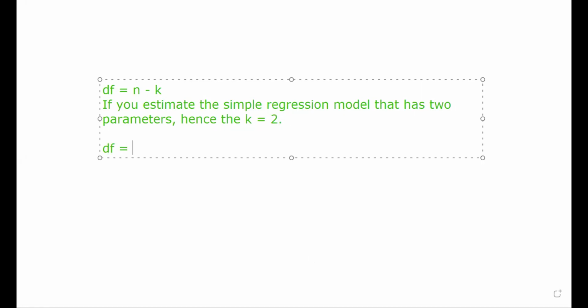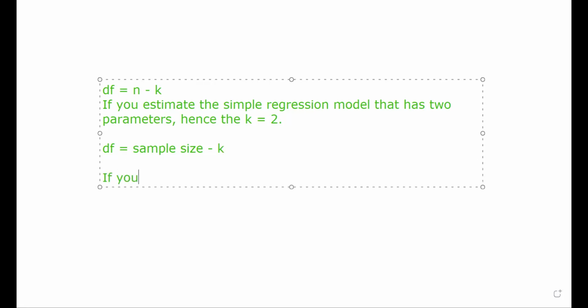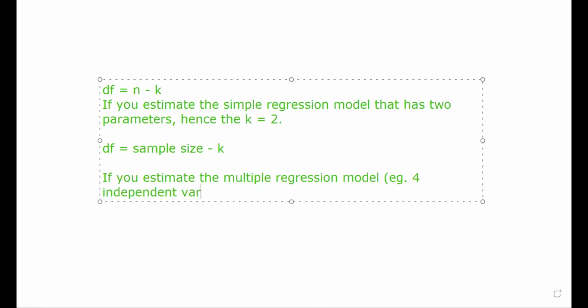So the degree of freedom is the sample size minus K. If we estimate a multiple regression model, for example with 4 independent variables, it means we have 5 parameters.